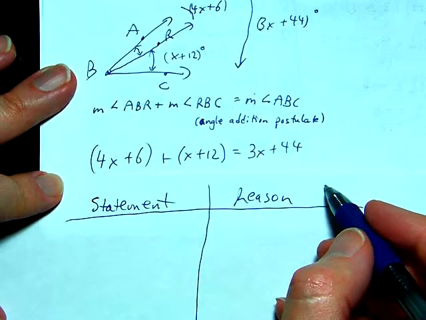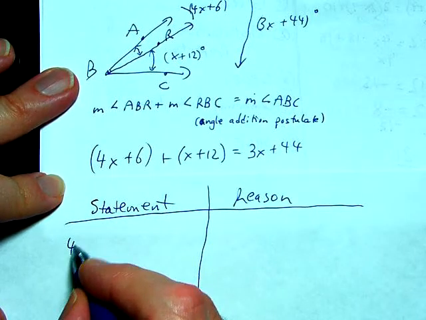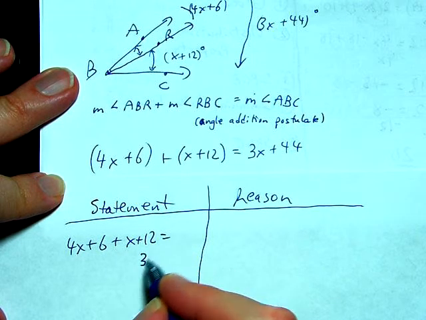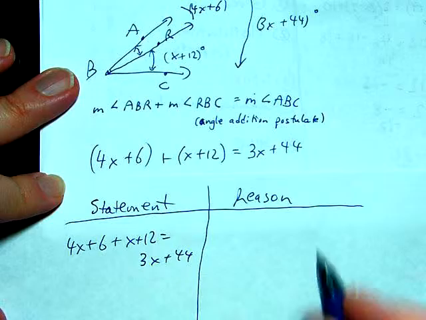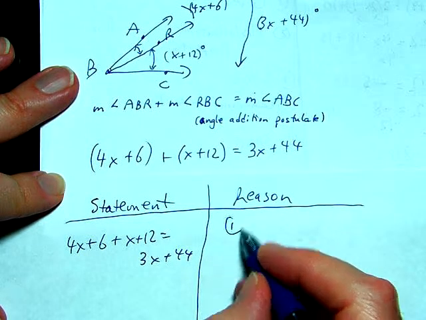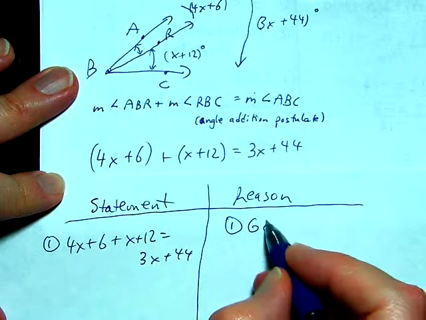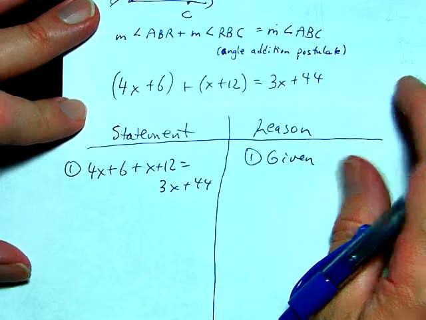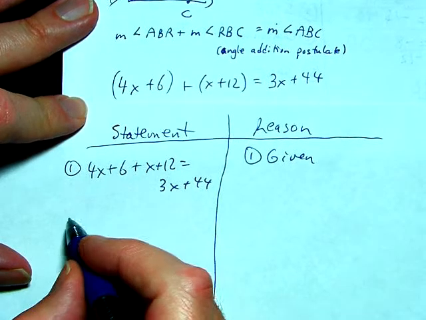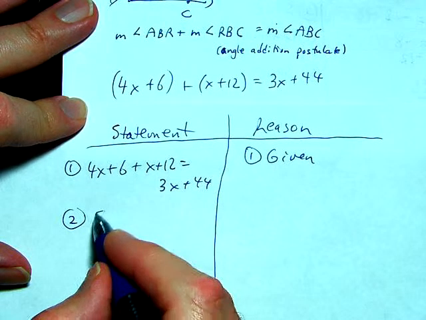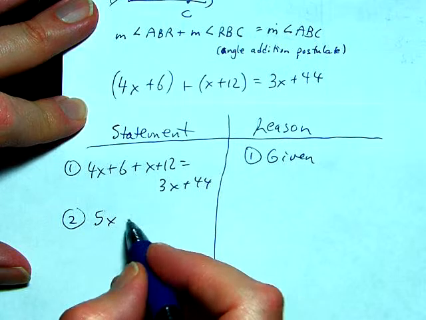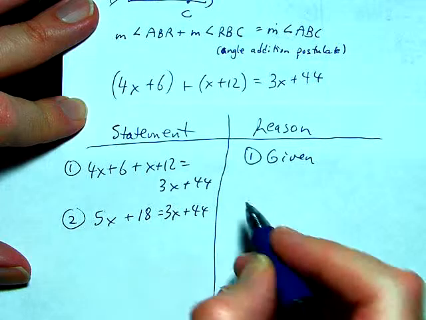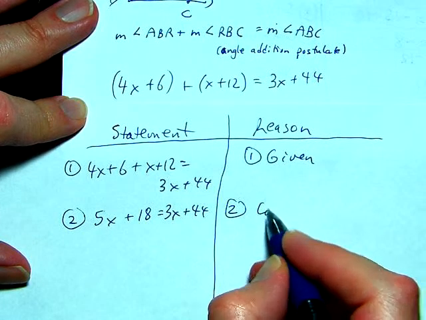So we've got 4x plus 6 plus x plus 12 equals 3x plus 44. I just had to squeeze it in that one line, and that was because it's given. Okay, let's combine like terms, make this a little bit simpler to read. So the 4x plus the x becomes 5x, 6 and 12 becomes 18, equals 3x plus 44. Now we can fit it all on one line. This is by combining like terms.